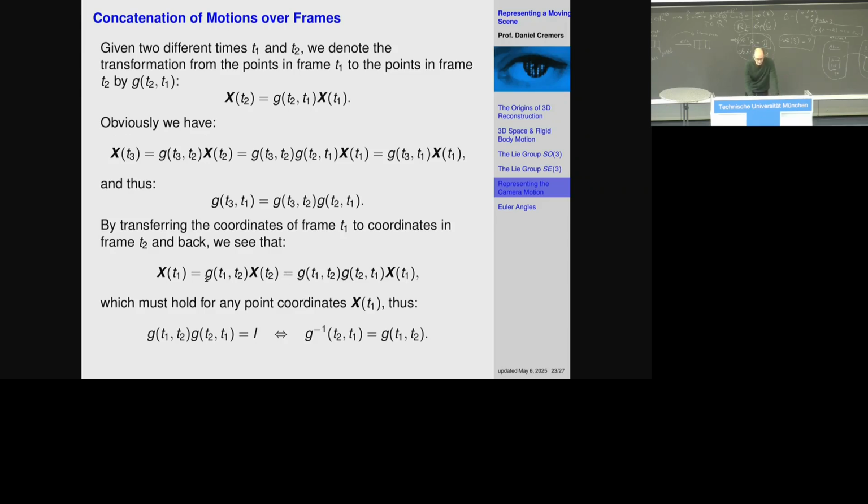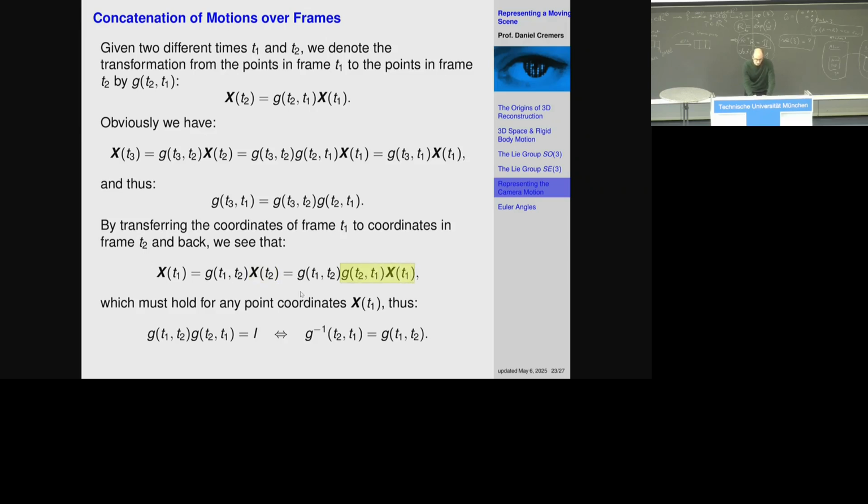And along the same vein, you can transfer coordinates back. So you can say, what are the coordinates in frame 1 relative to the coordinates in frame 2? This is g_t1,t2, the transformation from t2 to t1. And then x of t2, we saw, is the same as g_t2,t1 times x of t1.